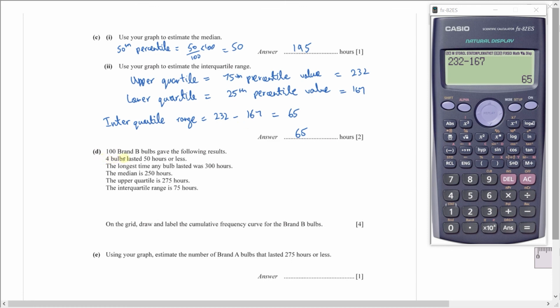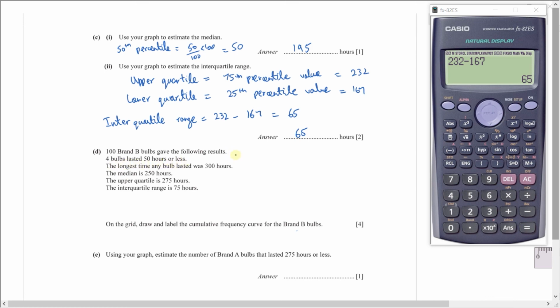Part D is 100 brand B bulbs gave the following results. So you're given a few results, and then on the grid, draw and label the cumulative frequency curve for brand B bulbs. So for brand B, first we need to get the points from these results that are given. So your first result is 4 bulbs lasted 50 hours or less.